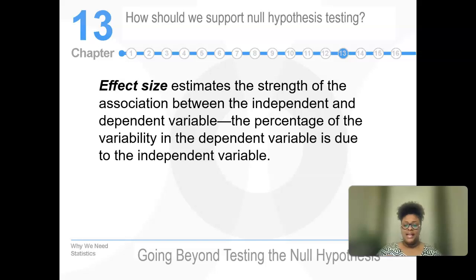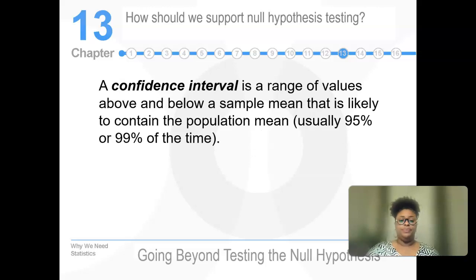The effect size definitely matters. The effect size is going to estimate the strength of the association between the independent variable and the dependent variable, and the percentage of the variability in the dependent variable that is due to the independent variable.